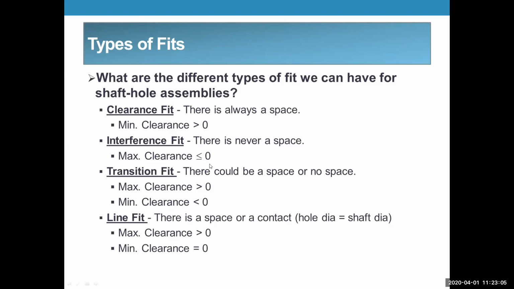Whereas up here, if it's equal to 0, they say it could still be interference. But here they're saying if it's line-to-line contact, which means they're both the same size, you could have clearance.